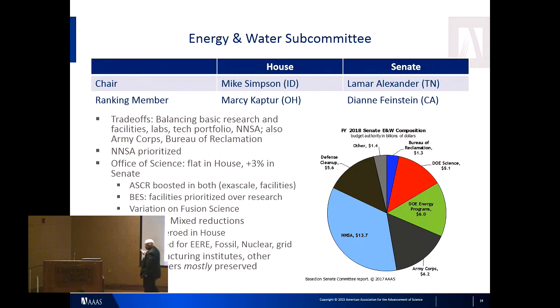Well, there are two factors that matter, or one factor that matters in both chambers. The chairs, Mike Simpson and Lamar Alexander, both have a national lab in their district. Lamar Alexander, one of the biggest supporters of science spending and a big protector of the Office of Science in the Congress, has Oak Ridge Lab in Tennessee. And so he's been an advocate, a proponent of doubling the Office of Science budget.